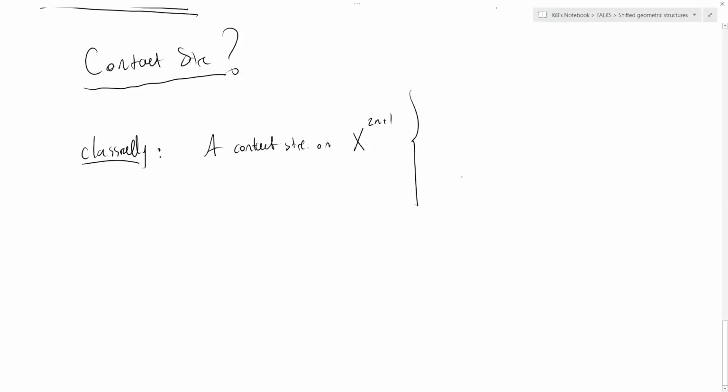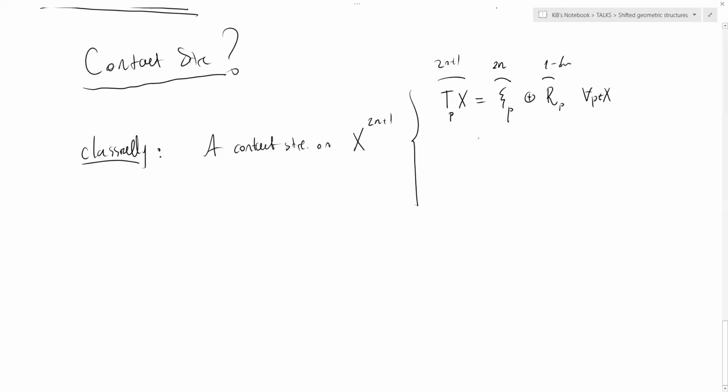Somehow you need a distribution, right? A rank 2n distribution of the tangent bundle. So therefore, for each point p, you have a kind of a splitting like this, okay? So this part is rank 2n dimensional, this part is 1 dimensional, and of course, the whole is 2n plus 1 dimensional. So the existence of this xi, the smooth tangent hyperplane distribution, okay?